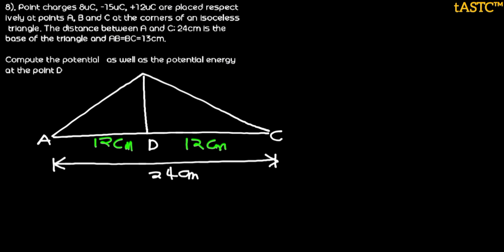Now we know that at point A, there is 8 microcoulomb in it. So this is going to be 8 microcoulomb. Now at point C, that is a positive 12 microcoulomb. Now at point B, so this is going to be point B. At that point, we're going to have a negative 15 microcoulomb.